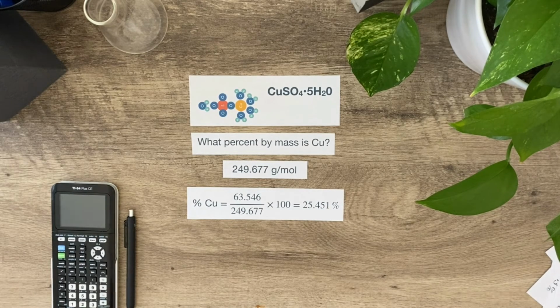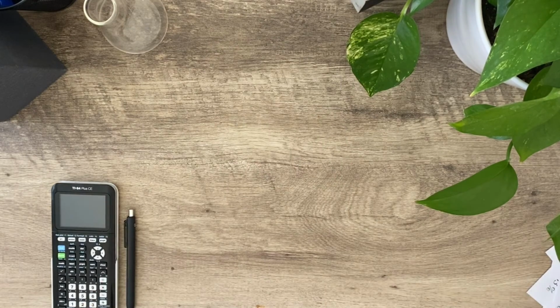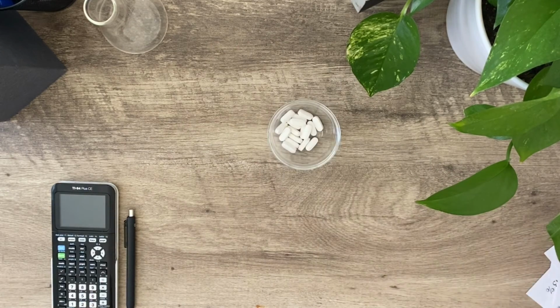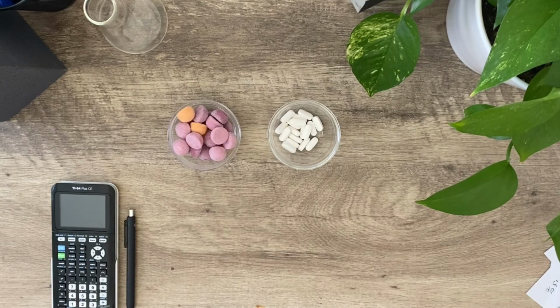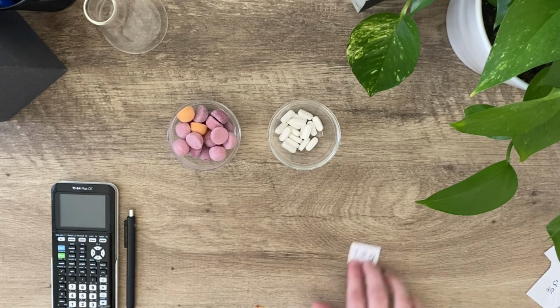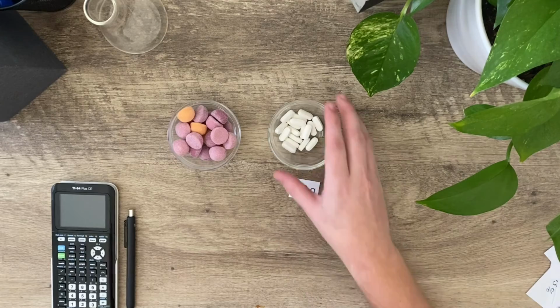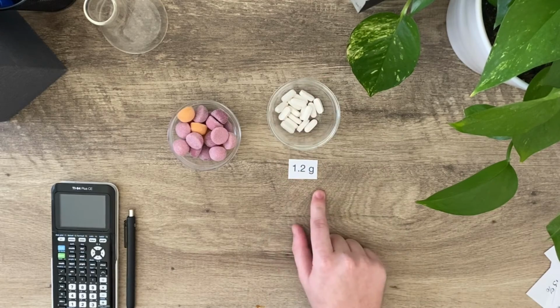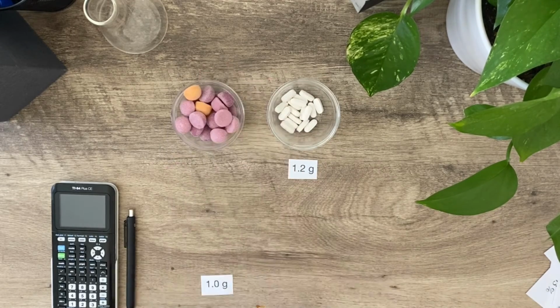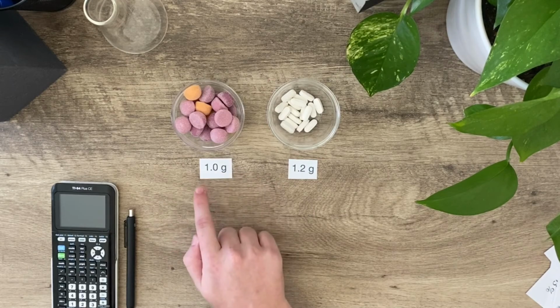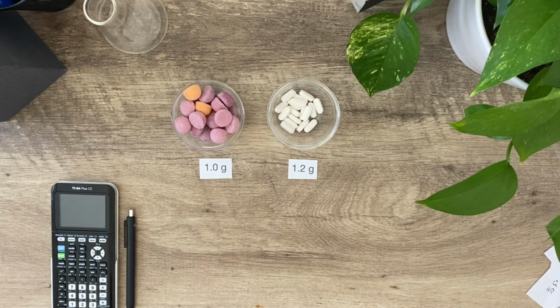Now, of course, in the original samples we looked at, right, we had the pill and the gummy. Now, of course, you're not going to take that entire dish of gummies or that entire dish of pills. We might actually take just one pill. Well, just to help illustrate our point, if I take 2 pills, which is the recommended dosage, that's 1.2 grams. If I take 2 gummies, which is also the recommended dosage, that's 1 gram.